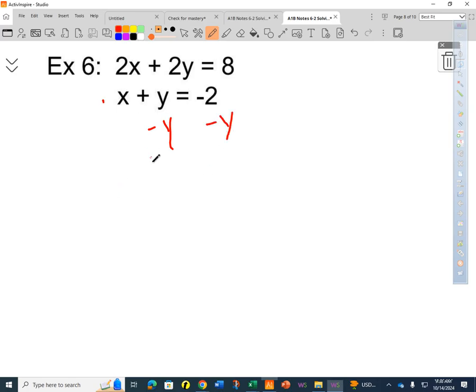We could have isolated the y, but I'm just working left to right. So x equals the opposite of y minus 2. Does that make sense? We're going to put parentheses around that because we have more than one term. Now we've isolated x in this equation, so everywhere there's an x in the other equation, I'm plugging in negative y minus 2.